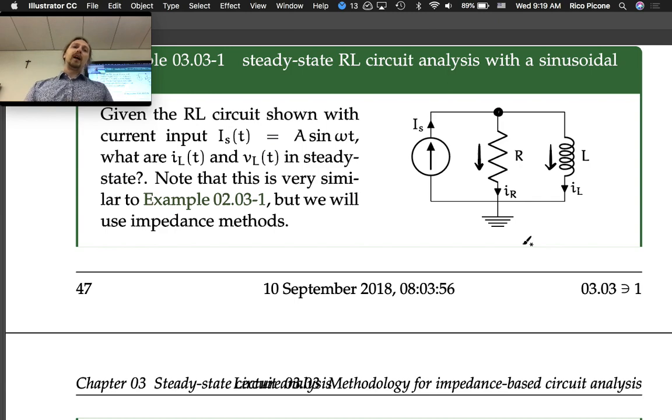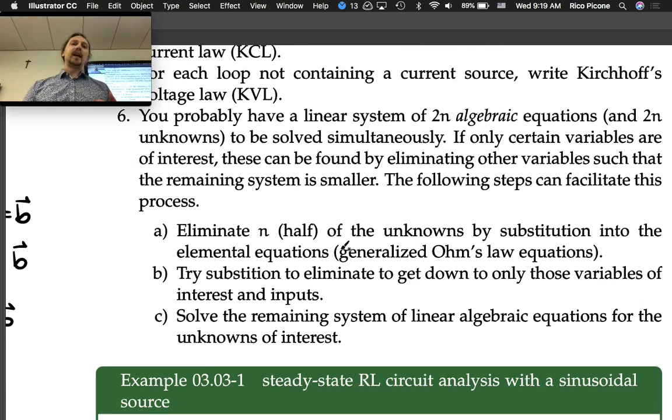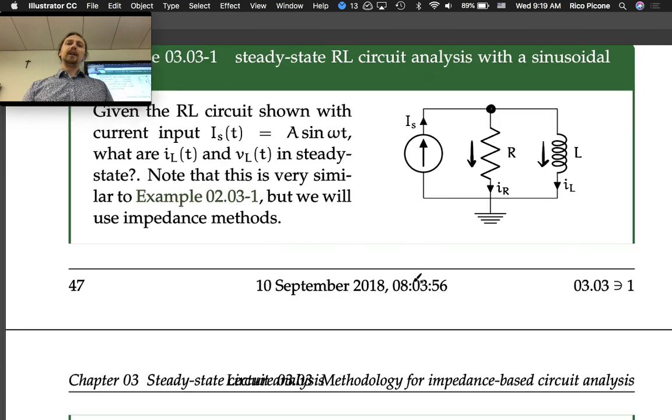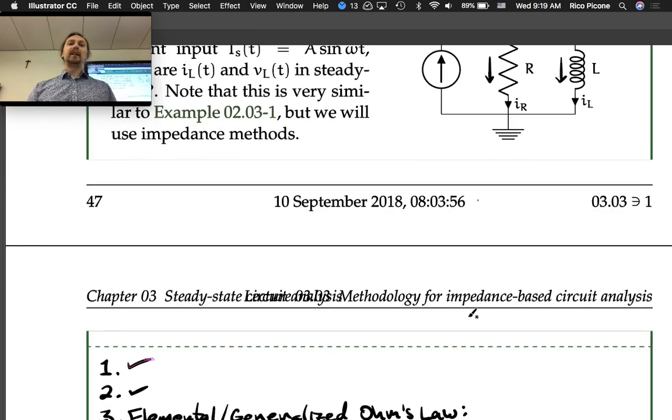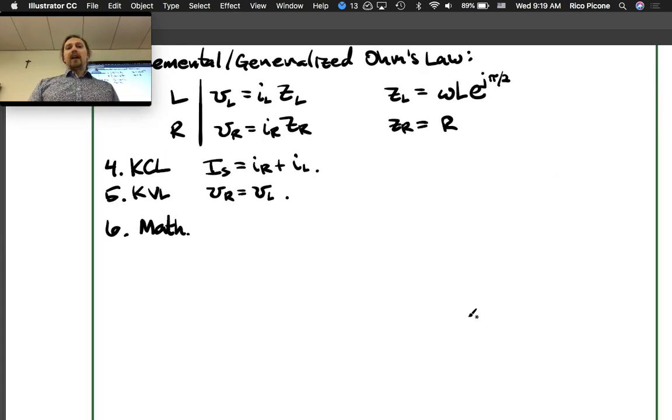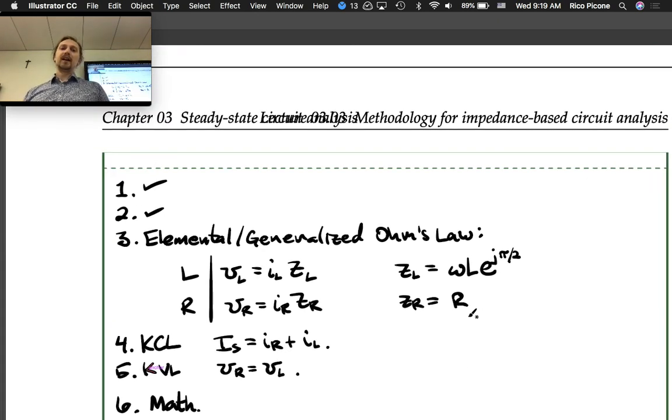And I like to use this step 6a, eliminate half of the unknowns by substituting in KCL and KVL equations into the generalized Ohm's law equations. That's a great way to start, knocking out half of your unknowns. So let's do that. We can eliminate 2, and we kind of have our choice.